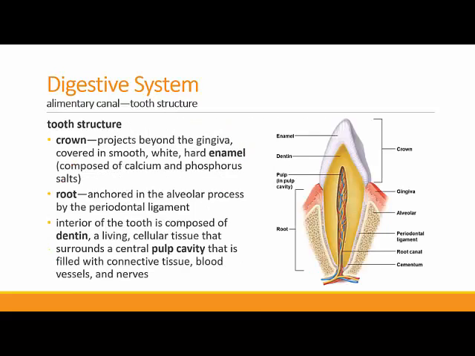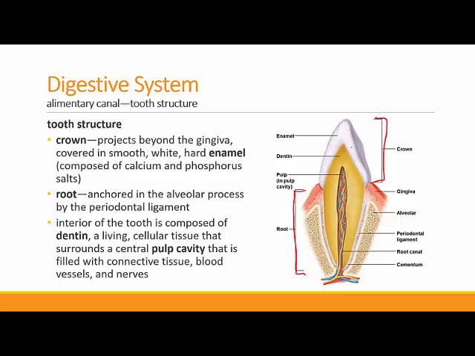When you look at a tooth, the structure of it, so we're looking at a slice through the tooth, anything that is above the gum, above the gingiva, is referred to as the crown. Anything that is below the gingiva and down in the bone is referred to as the root.